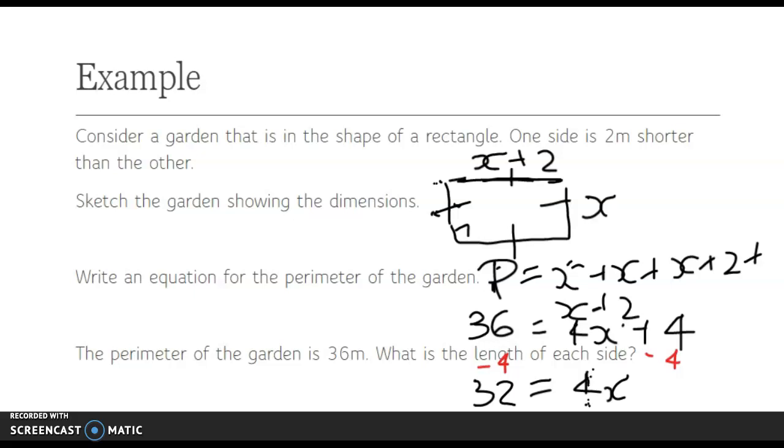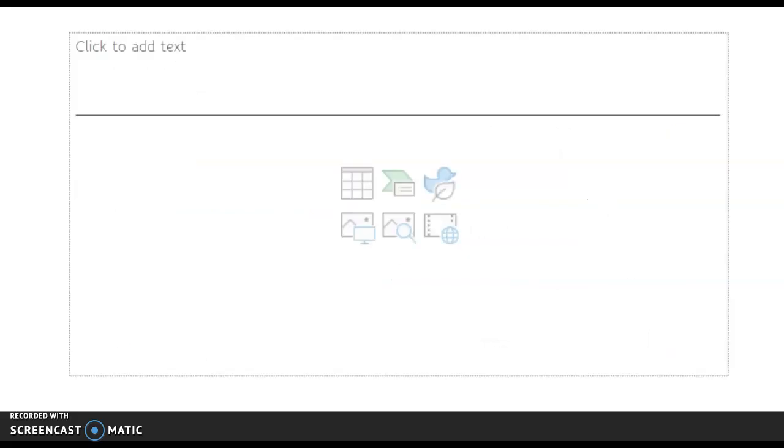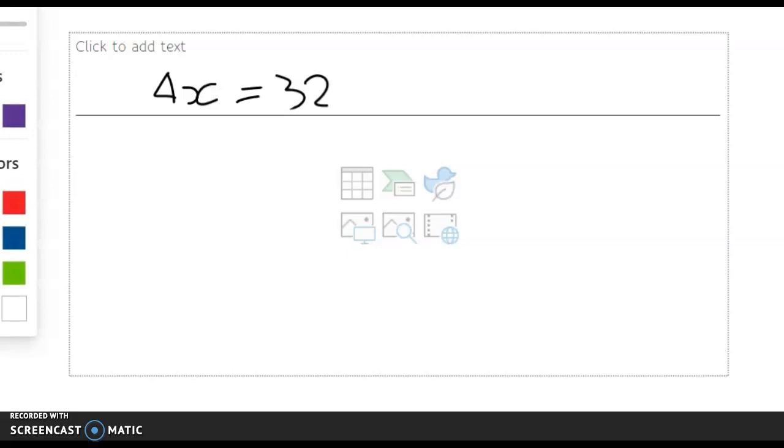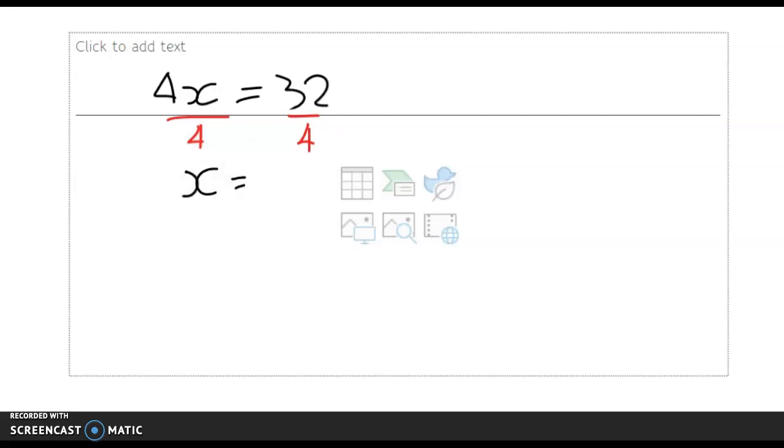I'm going to rewrite it as 4X equals 32. So therefore, I'm going to divide by 4 to solve for X. The 4's are going to cancel out on this side. 4 divided by 4 is 1X. 32 divided by 4 gives me 8.